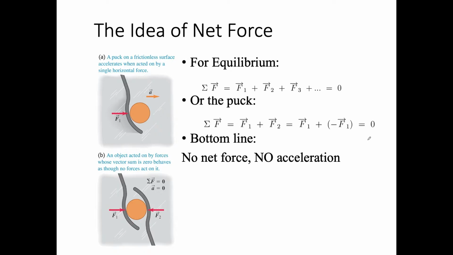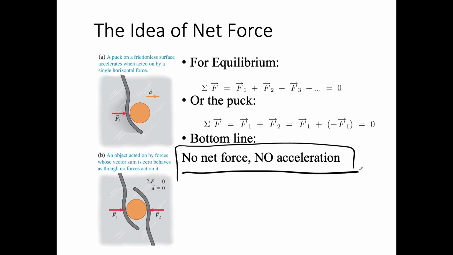An object at rest will stay at rest, so there's no acceleration. An object doing constant velocity motion will stay doing constant velocity motion, no acceleration, right? So Newton's first law can be summarized as no net force, no acceleration. Net force zero, acceleration zero.